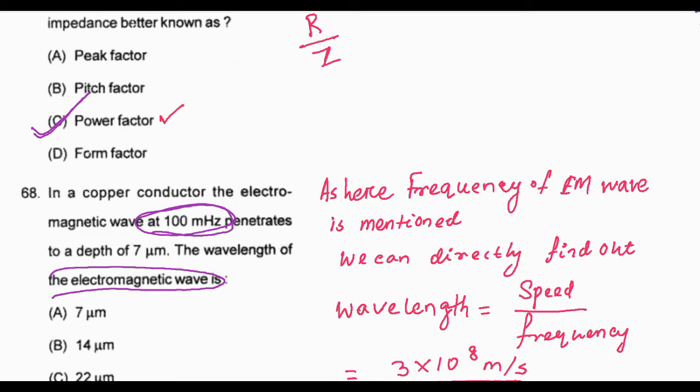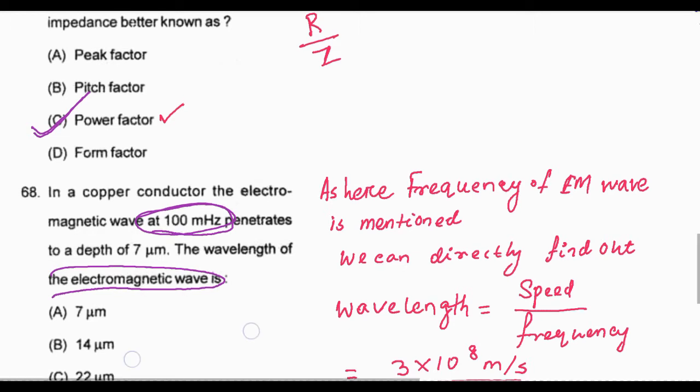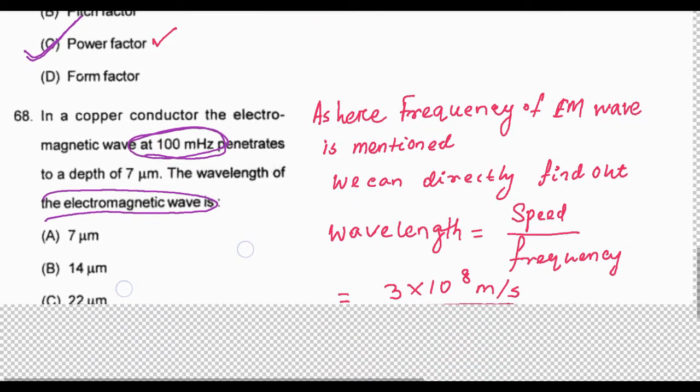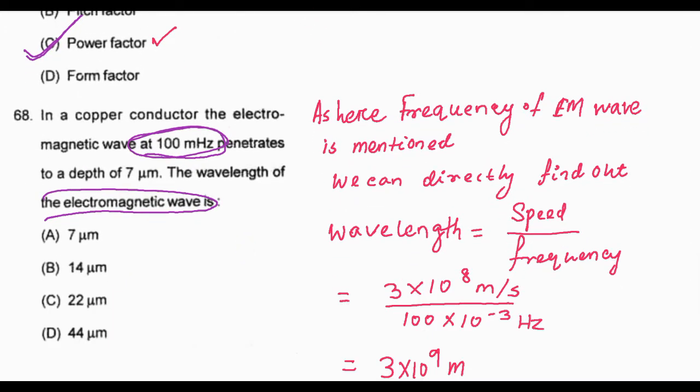So we can directly use the formula: wavelength is equal to the speed of the electromagnetic wave divided by the frequency of that wave. What is the speed of any electromagnetic wave? That is the speed of light, 3 into 10 to the power 8 meter per second, divided by the given frequency 100 into 10 to the power minus 3, that is 100 millihertz.